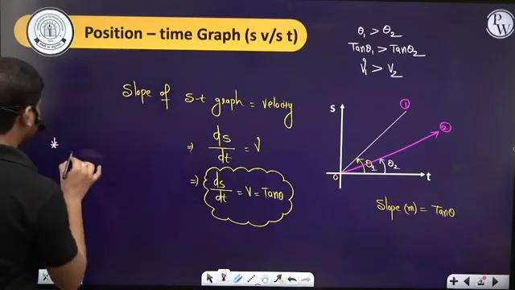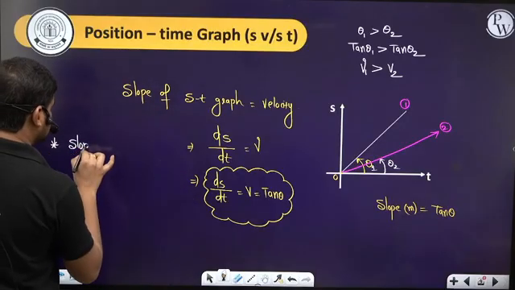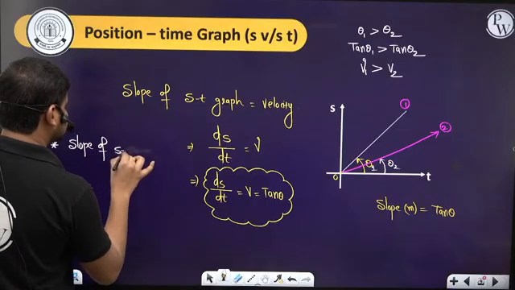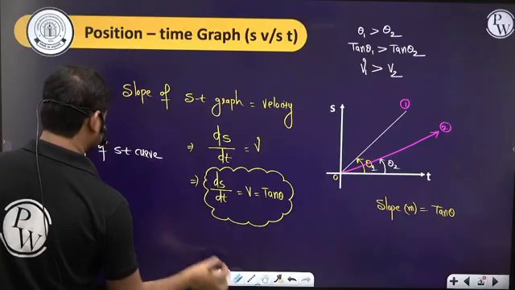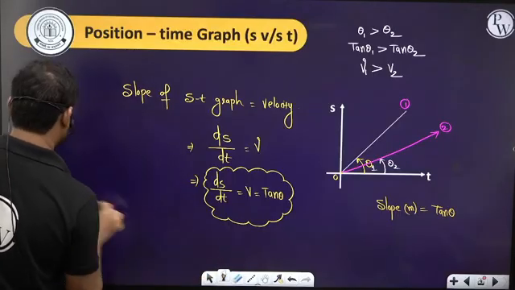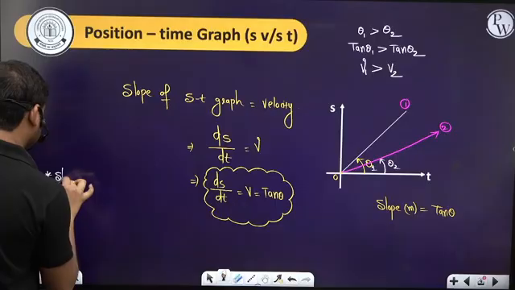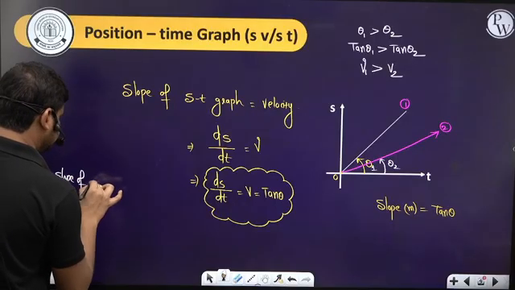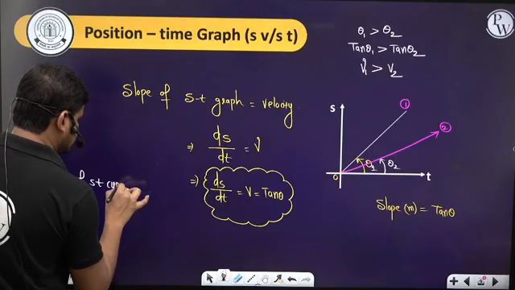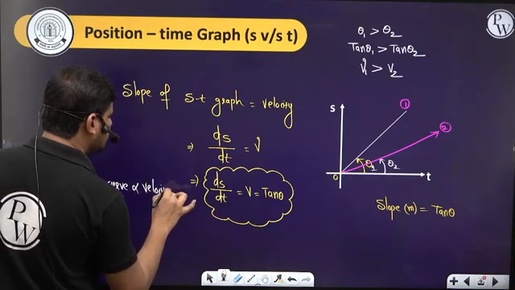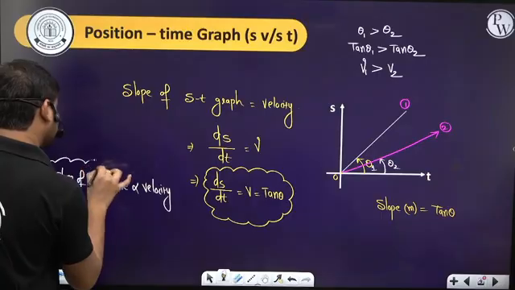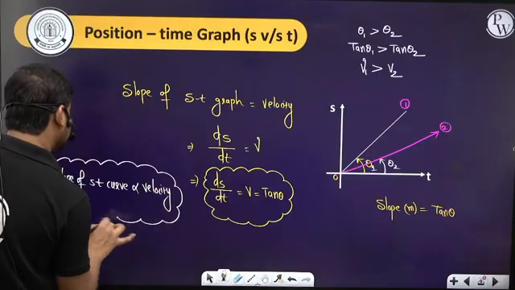The slope of the ST curve is directly proportional to the velocity. If the slope is more, the velocity will be more. If the slope is less, the velocity will be less.